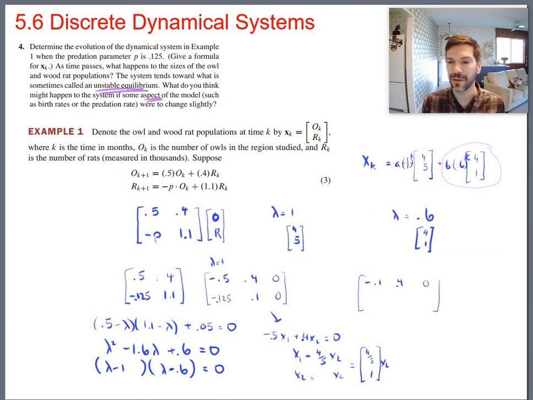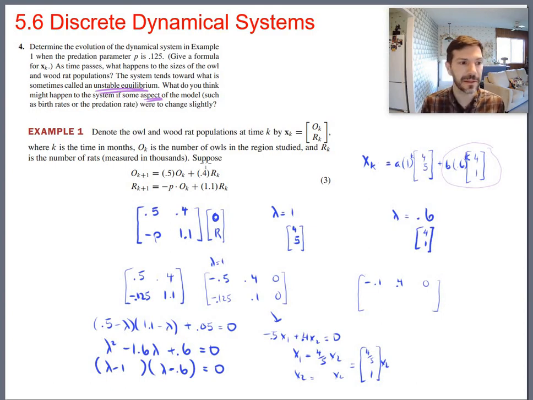Or maybe it goes down to like 0.9 if the predation is a little bit higher and the owls are a little bit better hunters, in which case both populations actually decline. The owls are eating better in the short term, but they're killing their food source faster than it can reproduce, and so both decline. But they do it at the same rate, at this 4 to 5,000 ratio.